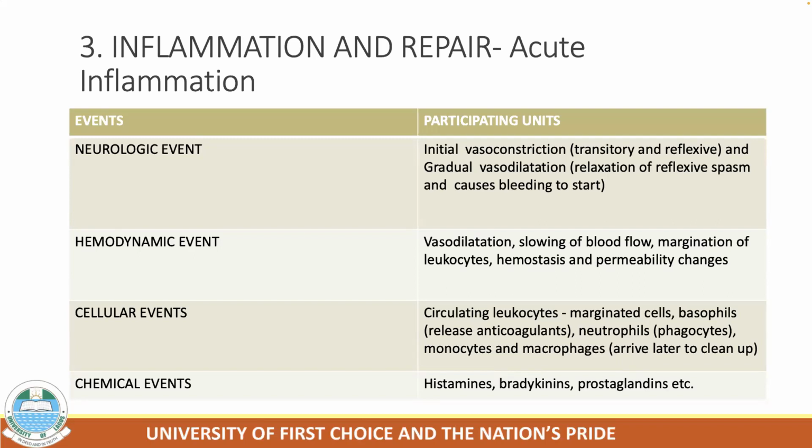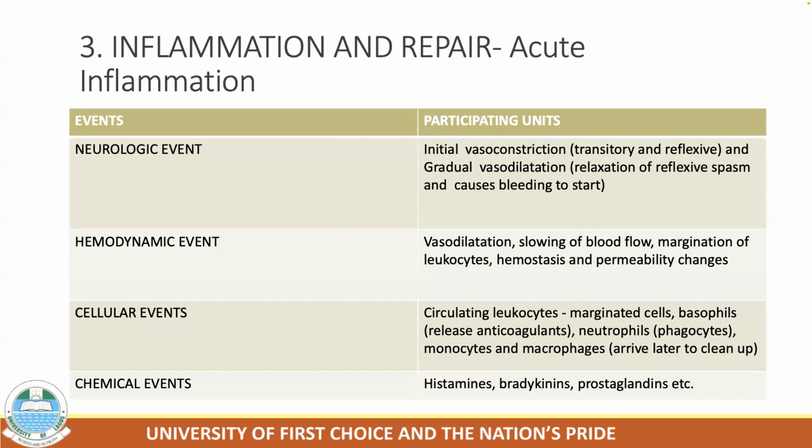The hemodynamic event that happens is vasodilation leading to the slowing of blood flow, margination of leukocytes. Margination means leukocytes attached to each other in an attempt to block blood loss. Hemostasis, that's the formation of a hemostatic plug, mainly both fibrin and other elements within the blood that come to prevent or to cover up the area where blood is being lost.